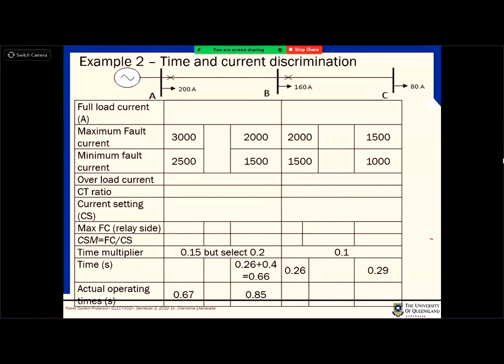That is the full load current. Got it? And then between A and B, what is the full load current? 240, because it's the load at B plus 80.